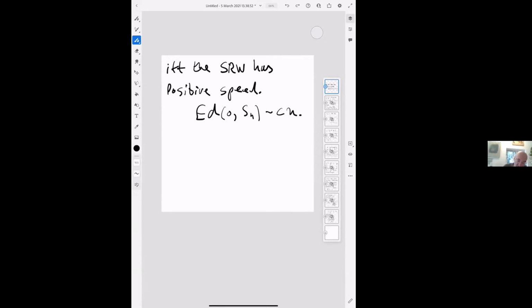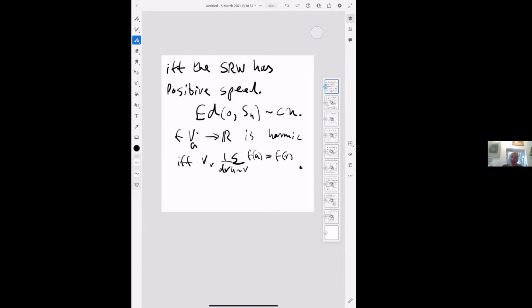And just to say, a function f from the vertices of a graph to R is harmonic if for all v, the sum over neighbors u of v of f(u) over the degree equals f(v), that is, the average of the values of the neighbors equals the value at v.